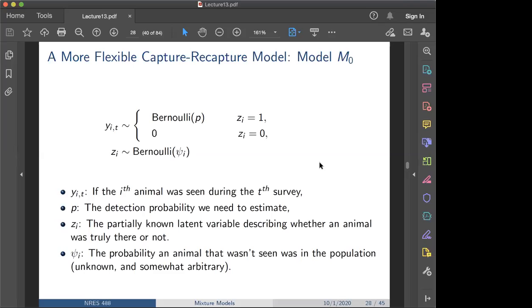So now we're going to add complexity to this basic model M0. M0 again assumes that our detection probability P is constant for each surveyor. But let's say we have 3 different observers. They all have very different ability to find nests, and we want to estimate a different detection probability for each individual. And that's our next more complex model.